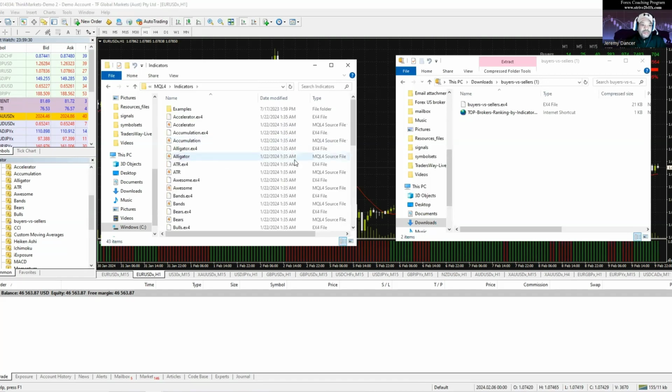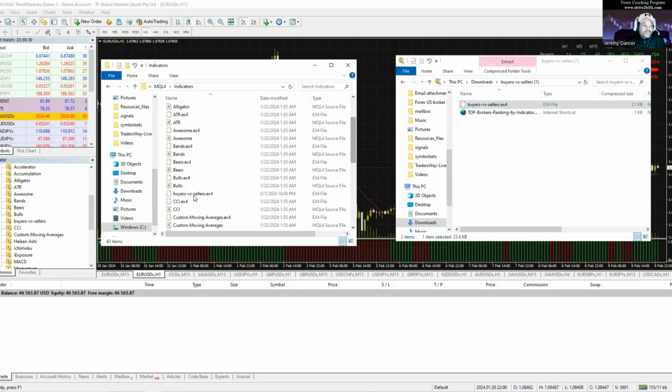Once you have that open, then you simply drag the EX4 file over to the indicators folder, and then you will see it right here.